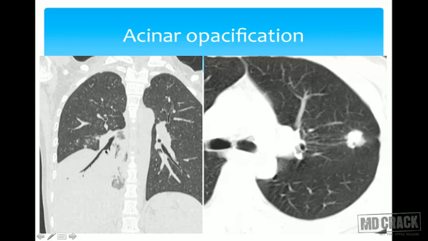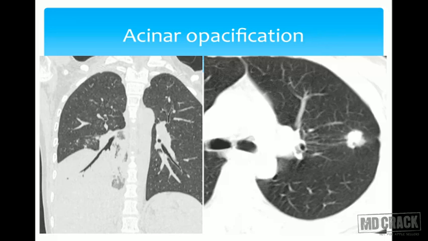Now over here, what we see is consolidation of the right lower lobe with a nice air bronchogram sign. So this is due to a pneumonia, and this is a spiculated solitary pulmonary nodule, which as a radiologist we need to differentiate: is it due to a malignant neoplasm, or is it a granuloma, or is it a hematoma?